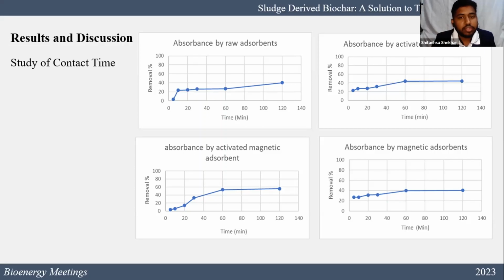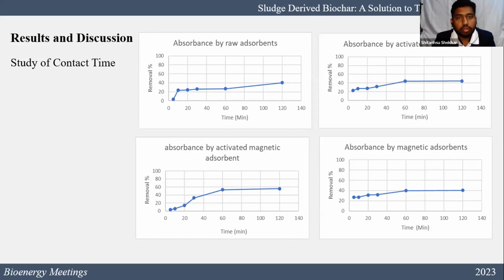Before that, we need to calibrate the sample of the dye, whichever dye you are making. For example, if we are working with methylene blue dye, then we need to calibrate first to know the wavelength at which it is maximally absorbed, and then these studies can go on.